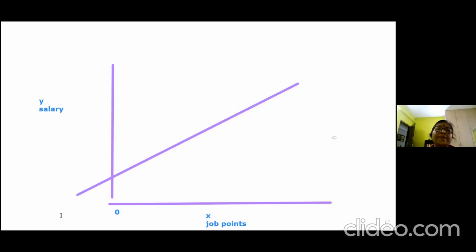Can you see that this pay line is cutting into your Y salary axis?